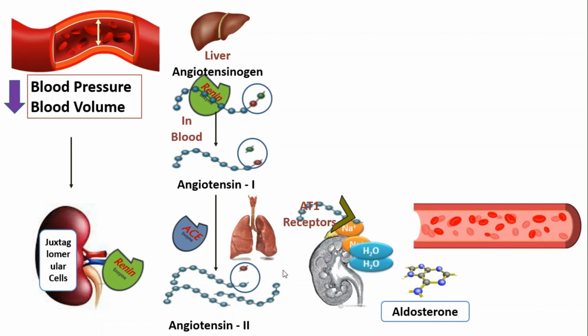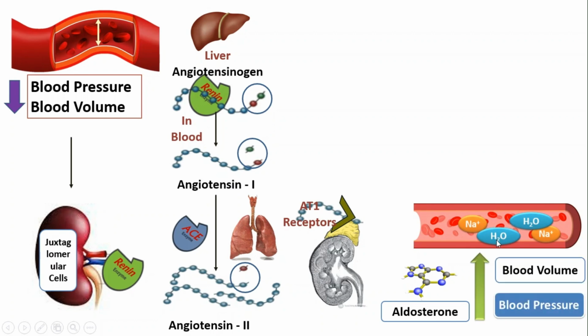This aldosterone is responsible for putting more water and sodium into the blood from the kidney. So blood volume increases, since sodium and water both increase the blood volume. Since the blood volume increases, the blood pressure also increases. This is how activation of the RAS pathway increases the blood volume and the blood pressure.